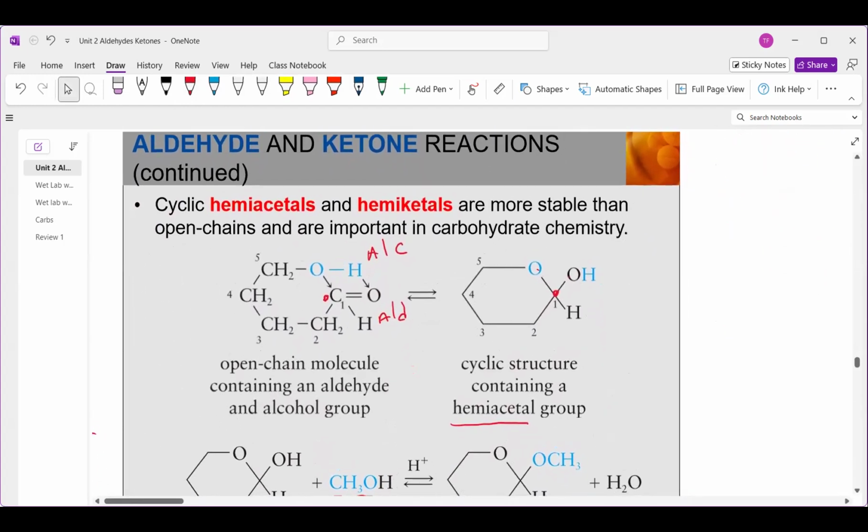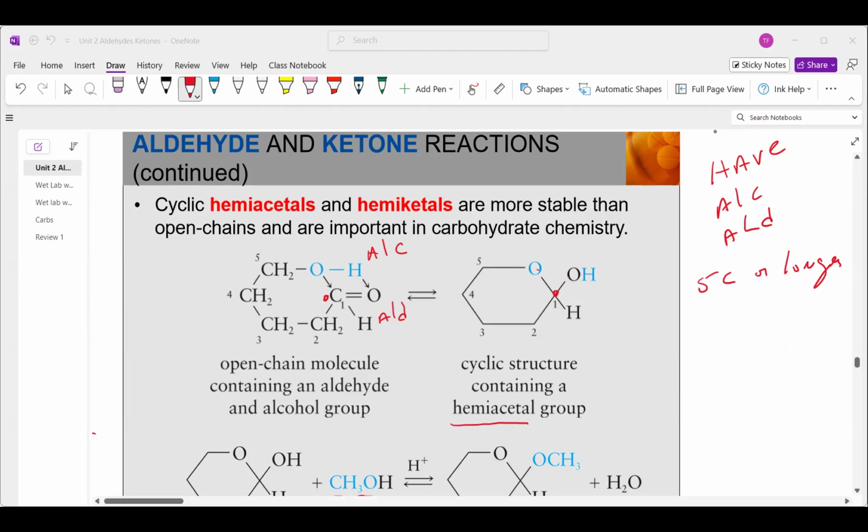Now this is tricky. If you have an alcohol and aldehyde on the same molecule, then they react, if the molecule is long enough. So it has to be at least 5.